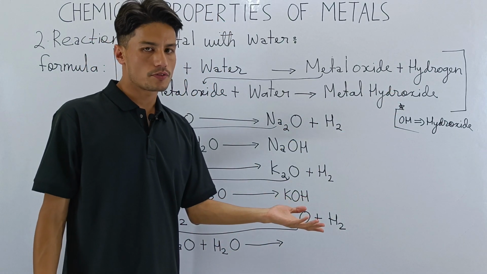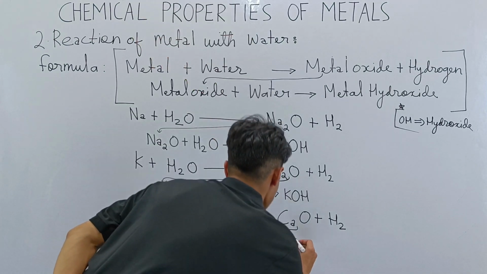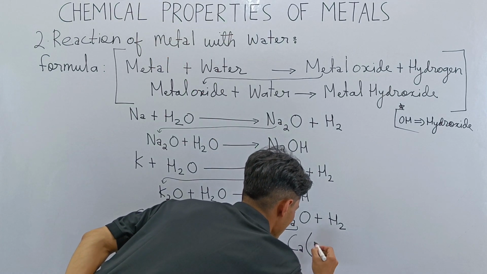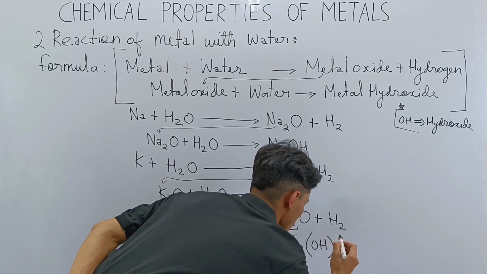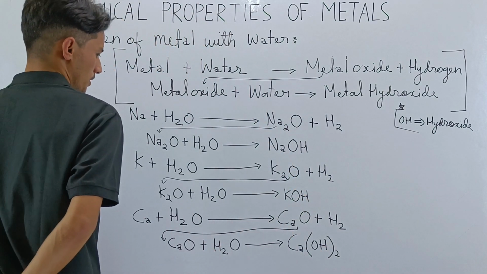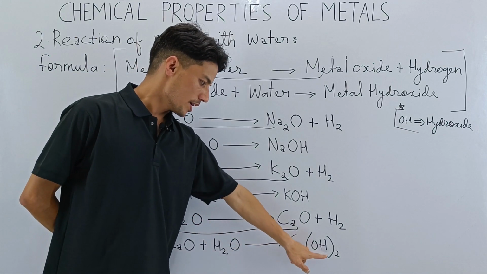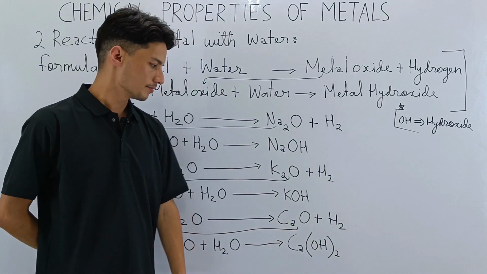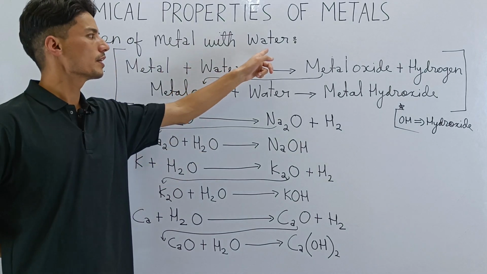So now you have to know the formula of calcium hydroxide. Calcium hydroxide: Ca, open the bracket, write OH, which is hydroxide, and outside the bracket you put 2. Ca(OH)2. This is the formula of calcium hydroxide, Ca(OH)2.